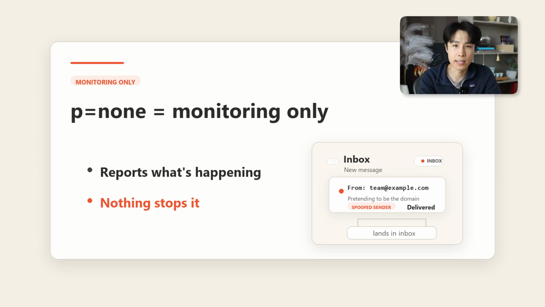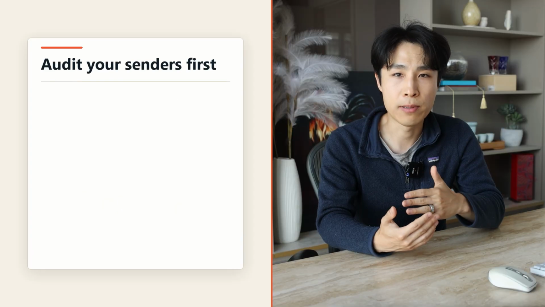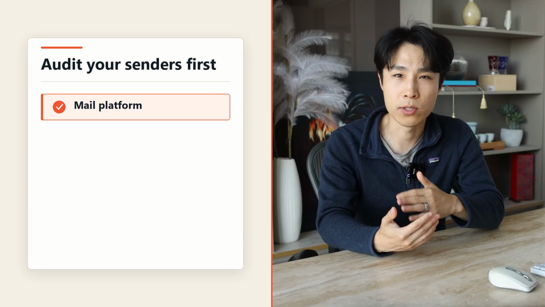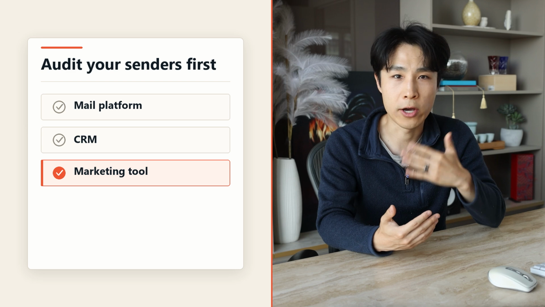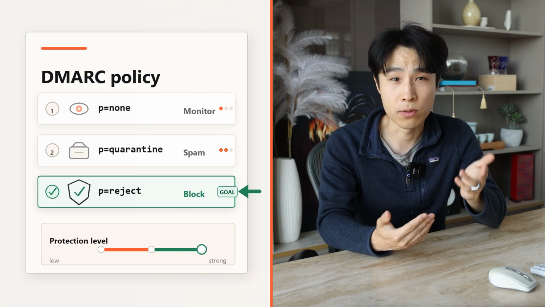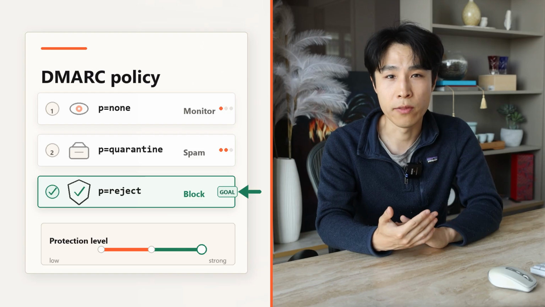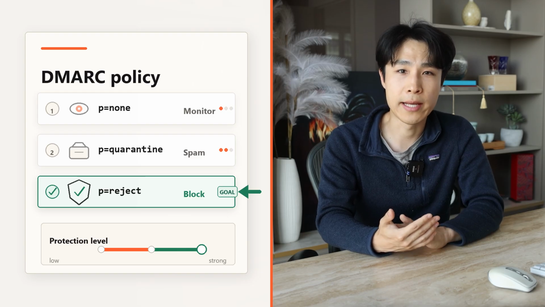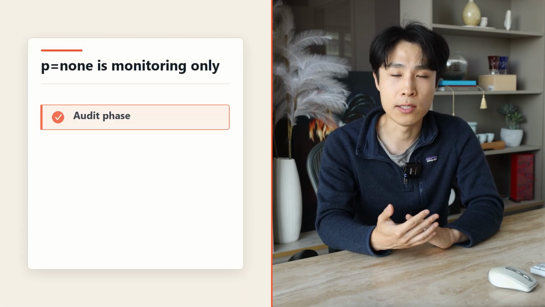The reason you want to start here is that before you enforce anything, you need to know what's actually sending email using your domain, your mail platform, obviously, but also your CRM, your marketing tool, your help desk software, any automated notifications. If you flip straight to enforcement without knowing what you've got there, you risk blocking your own legitimate emails. So P equals none is the audit phase.